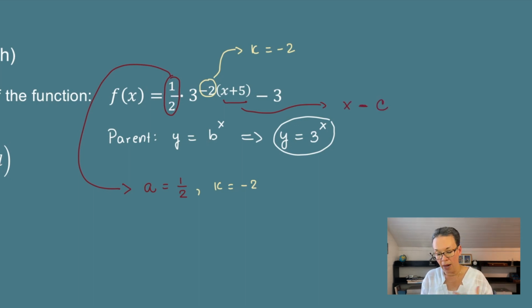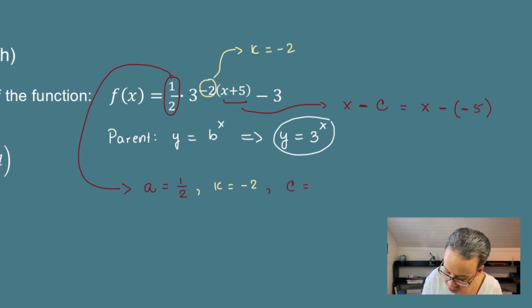And right now, I don't see x minus, I see x plus. Well, that's because c is negative. That's because what we really have is x minus -5. So this really says that c is a negative value. So I'm going to write c equals -5 right here.